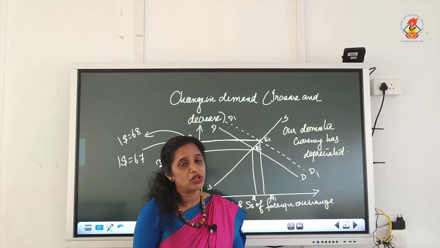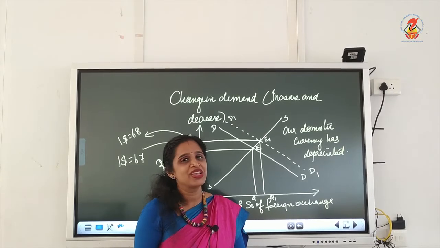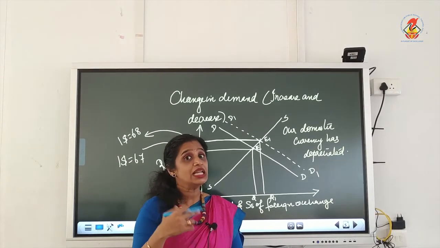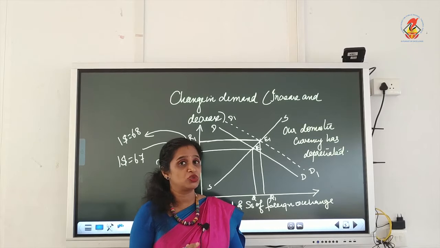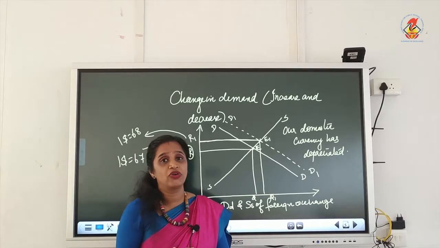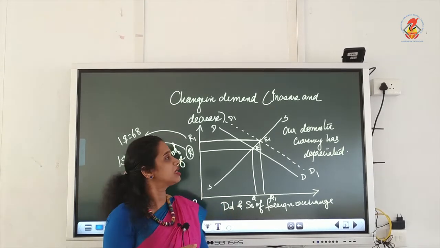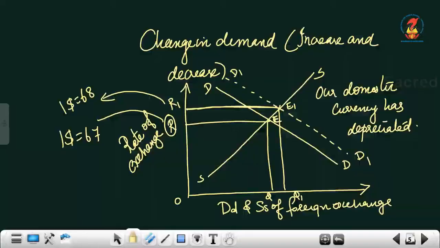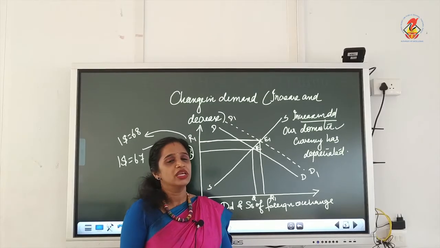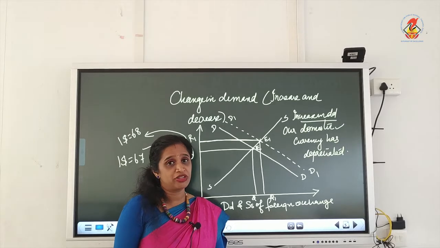Instead of 67, more is flowing out from us. So if there is increase in the demand, the rate of exchange will increase and it will cause depreciation of Indian currency. So due to increase in the demand, domestic currency has depreciated.